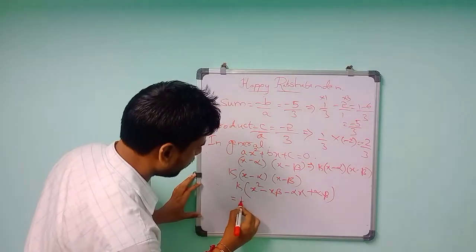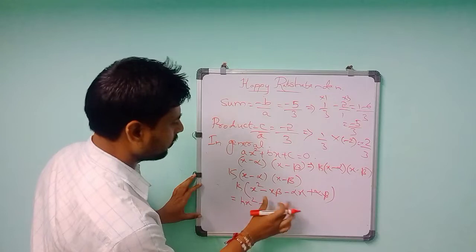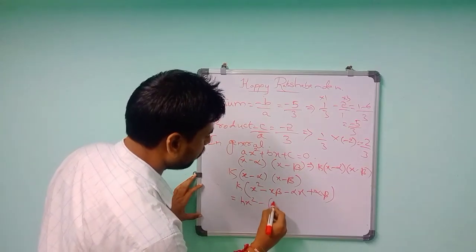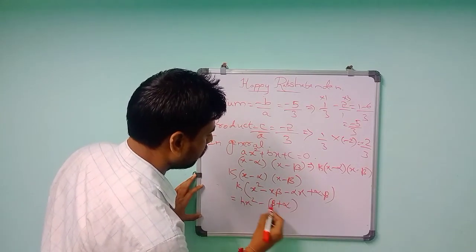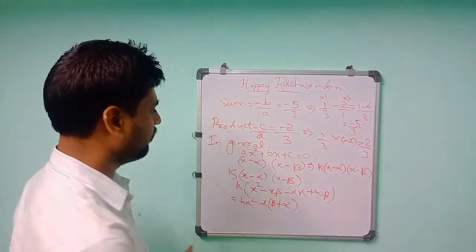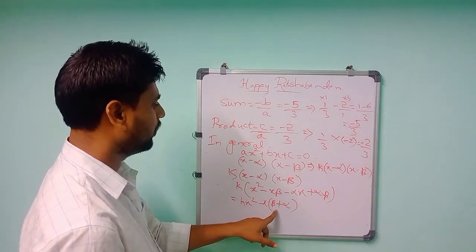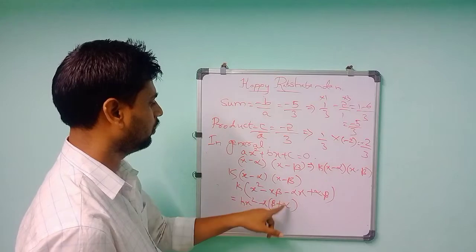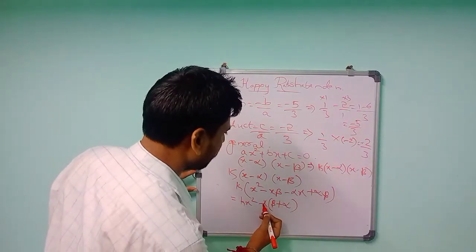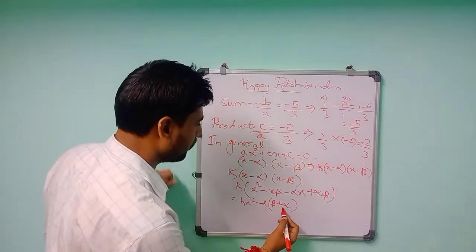So it will be k x square minus x common, beta plus alpha, plus alpha beta. Why plus? Because to make minus alpha you have to multiply by plus alpha.